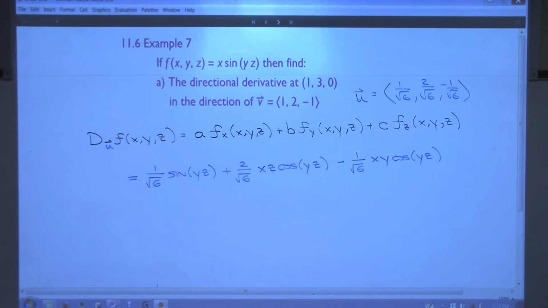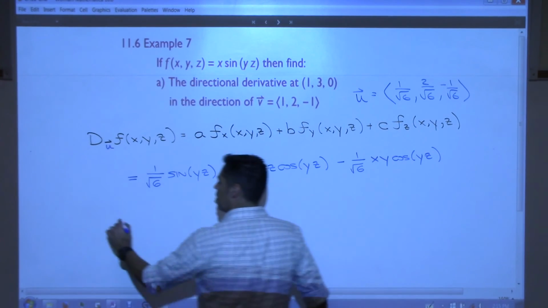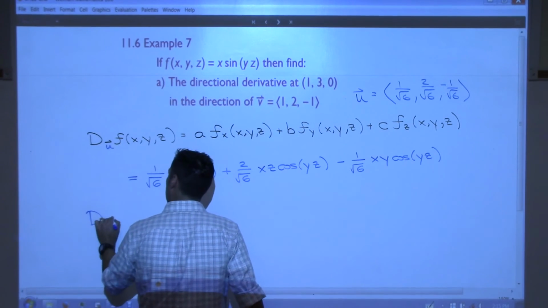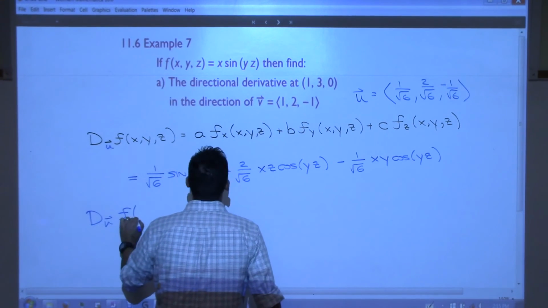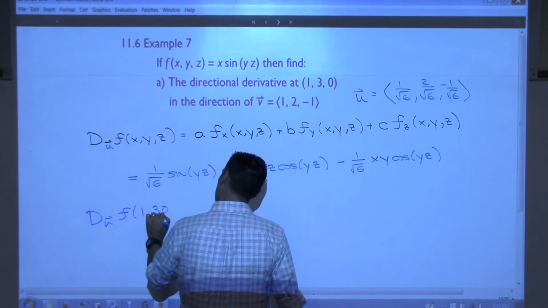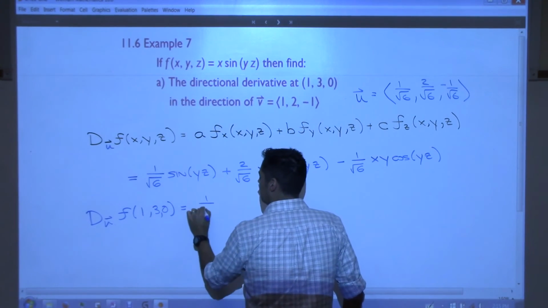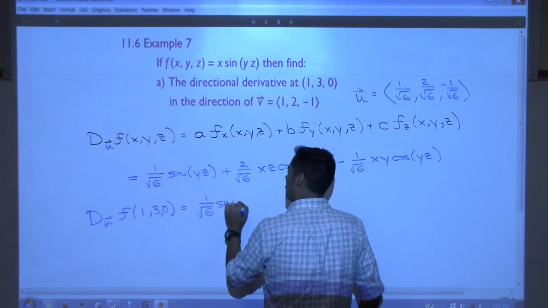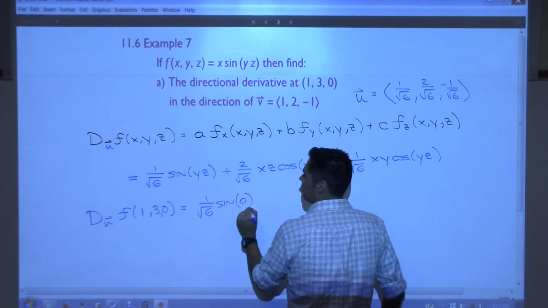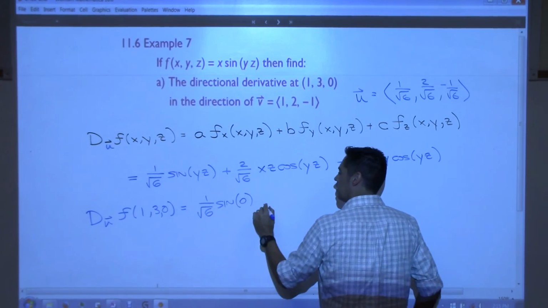And now I'm going to plug in 1, 3, 0. So the directional derivative in the direction of u of the function at (1, 3, 0) is 1 over root 6 sine of 0, because z is 0. That's all gone.